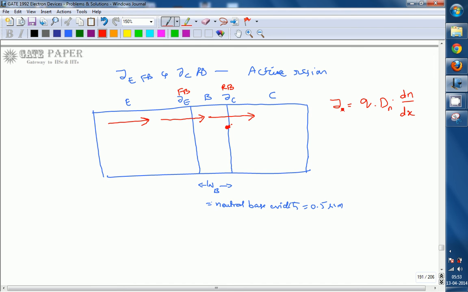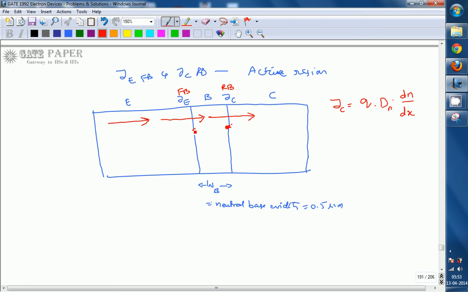Here Q is 1.6 into 10 power minus 19, whereas DN is the diffusion constant in the base, and what we need to calculate is dN by dx. dN by dx is how many charge carriers are moving from this point to this point.